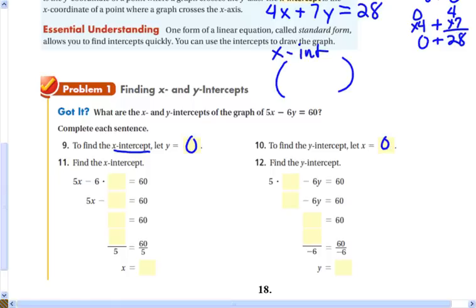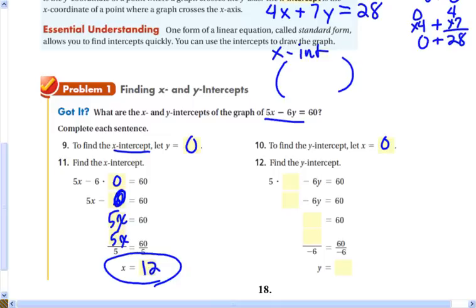So if we take this equation and we let y equal 0, we're going to just substitute 0 in for y, and 6 times 0 is just 0, and 5x minus 0 is just 5x. And then we need to just divide both sides by 5, and we get x equals 12, and that's our x-intercept.